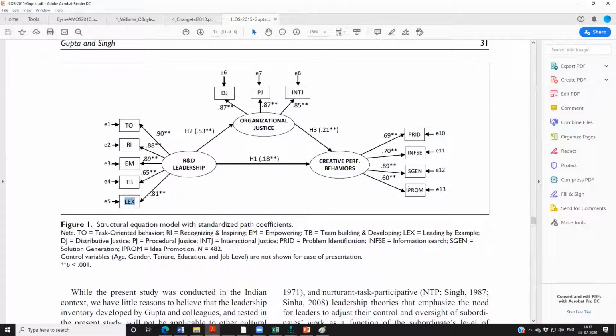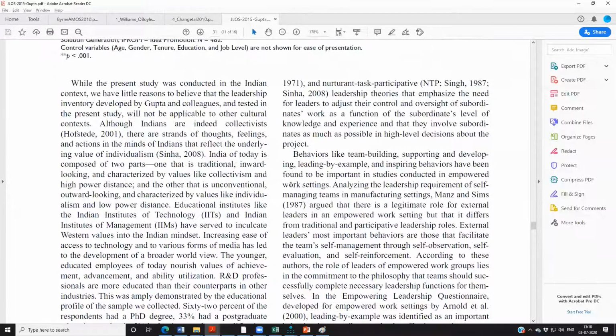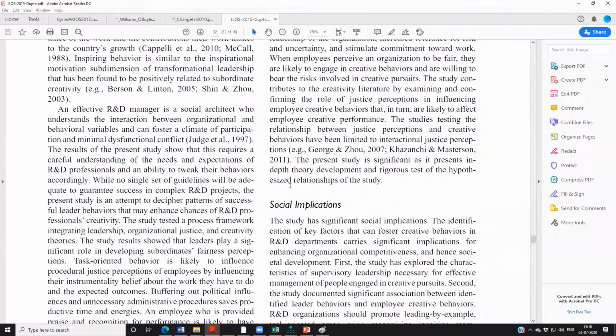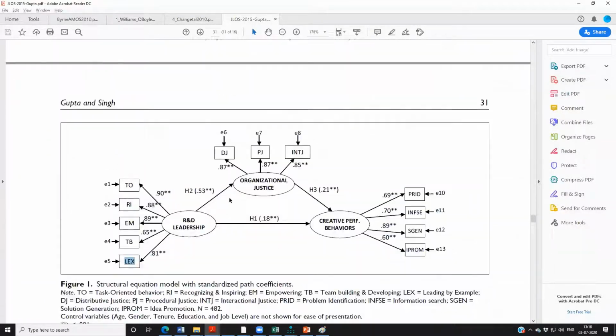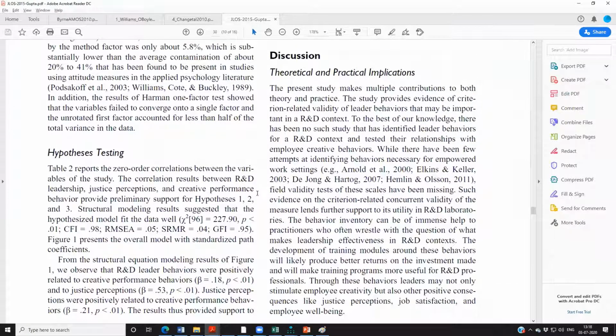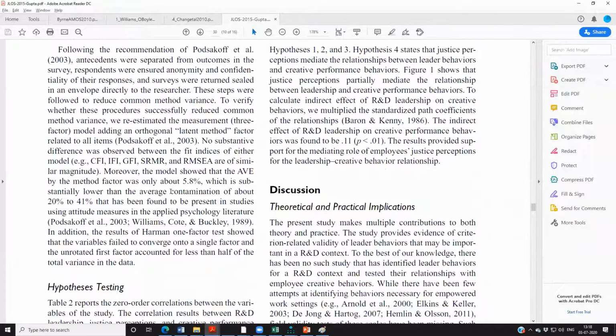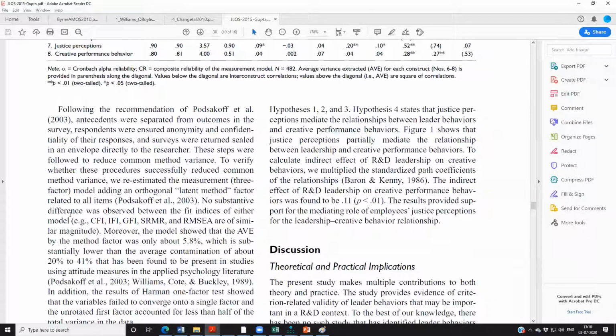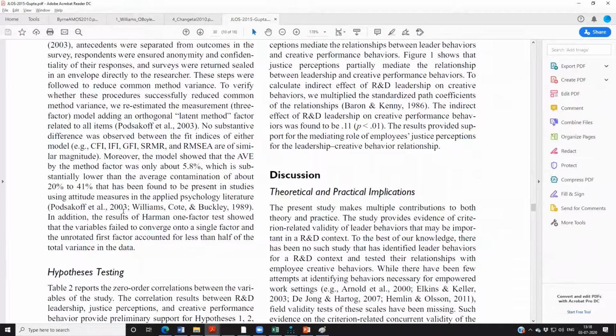So I took parcels of all 4 and did a single first-order model for leadership with its 5 parcels, justice with 3 parcels, and CPB with 4 parcels. And I wrote in my paper why I am doing parceling.